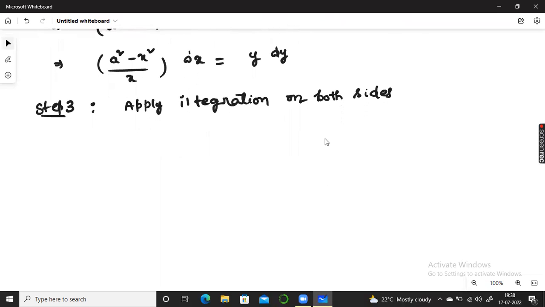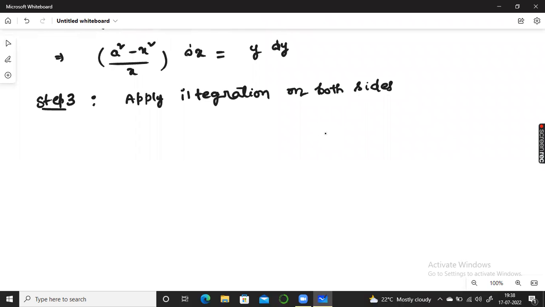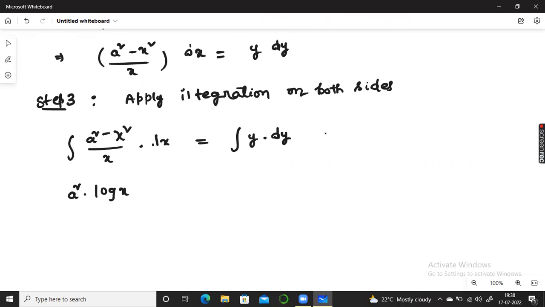So now integration of a square minus x square over x dx is equal to integration of y dy. So integration of a square by x: a square is constant, 1 by x term is log x. Minus integration of x square by x, nothing but x only.